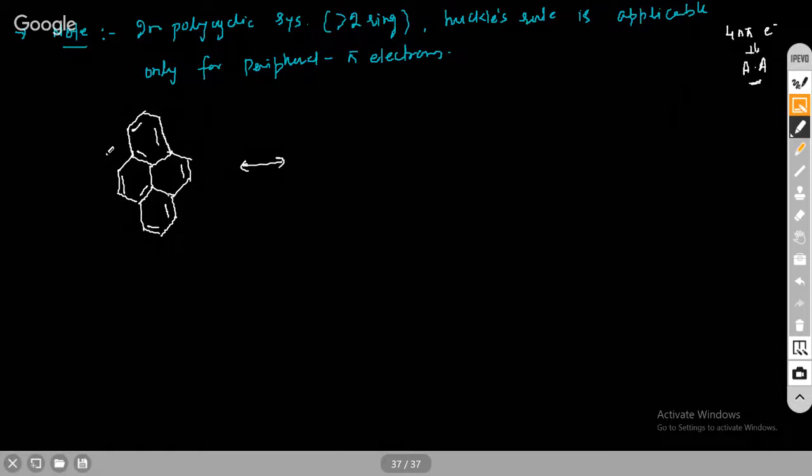But the thing here is that we can draw the resonating structure of this. When this pi electron goes here, this pi electron comes here, and this pi electron will come here. So when you draw the resonating structure, you will get this.